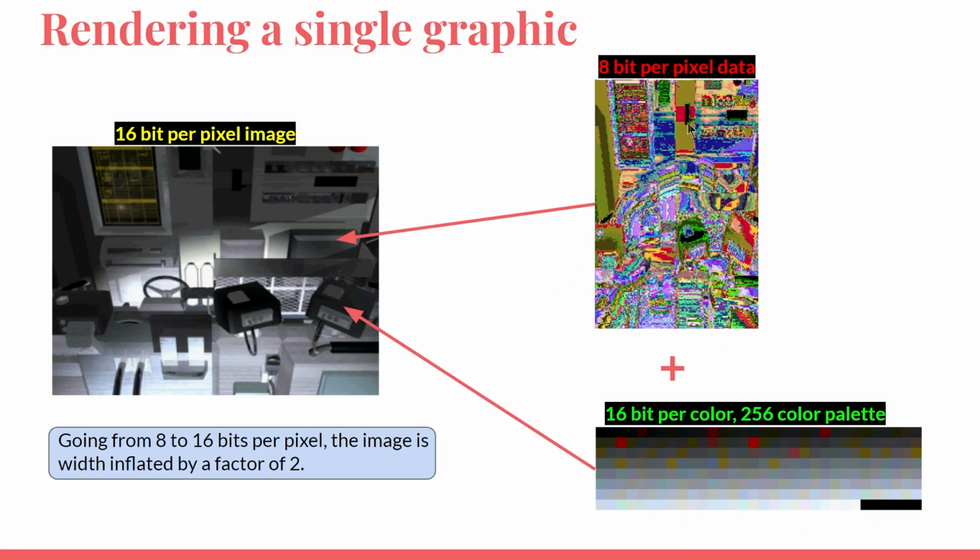We would interpret the value in the pixel data as an index, the index of a color in the color palette, then copy that 16-bit color over to our 16-bit per pixel image. So the color palette has the same color depth as the frame buffer. That's very important. They are on the same wavelength, basically. But the image is not on their wavelength.